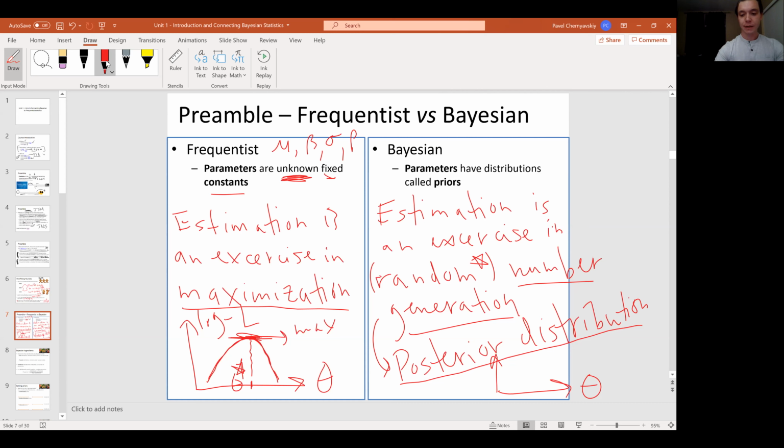So, you have a distribution. Based on the numbers that you generate, here is the distribution. You don't have just a single value. Here is the posterior distribution. Now, it's up to you how you want to summarize this distribution. You can take a mean. Mean of what? The data? No, not the mean of the data. The mean of the values of the parameter that you have generated.